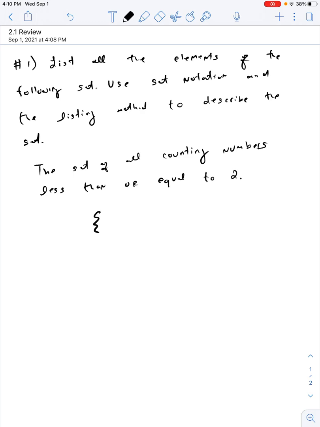It has these braces, and you are just putting what goes on the inside. Okay, it's really important to understand a couple of definitions. Listing method means list everything.